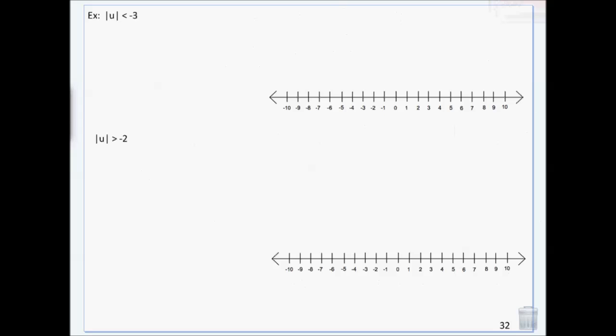I'm just going to do a little side note. If we had the absolute value of x equals negative 2, I had no solution, right? It's a little different with absolute value and an inequality of a negative. Absolute value less than negative 3, no solution. Absolute value cannot be less than a negative because absolute value is always positive.